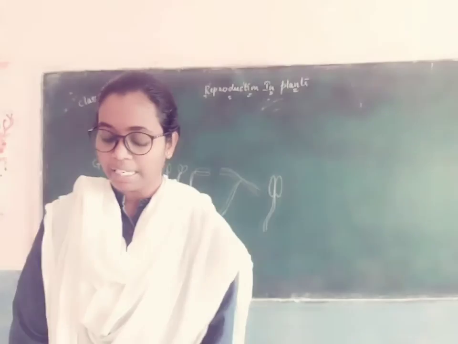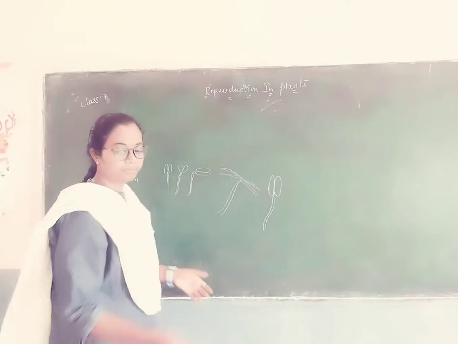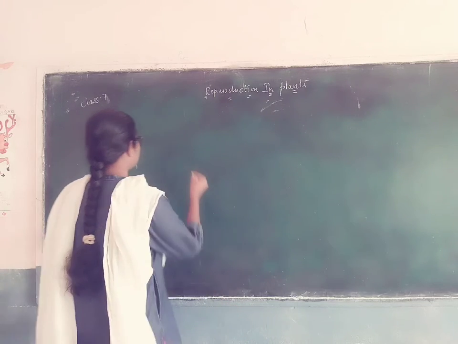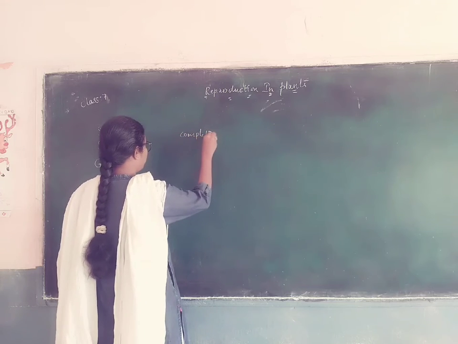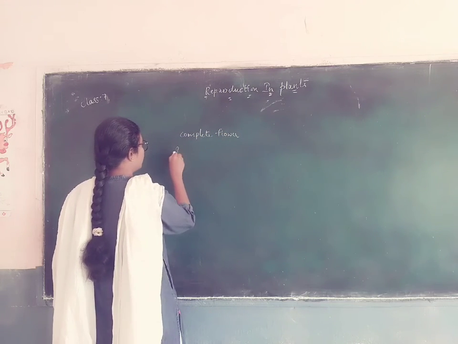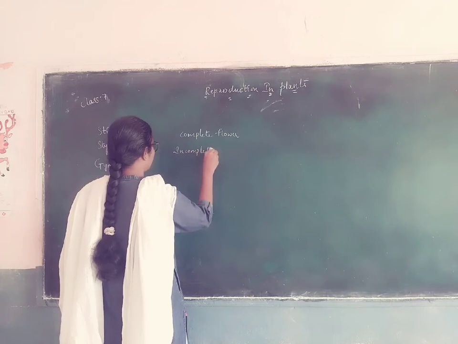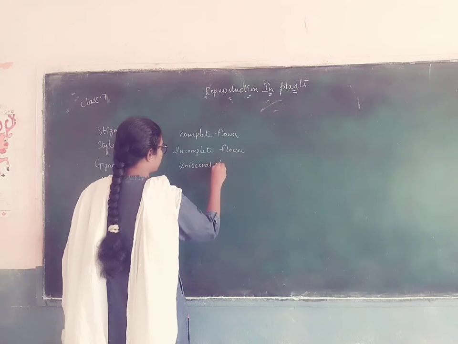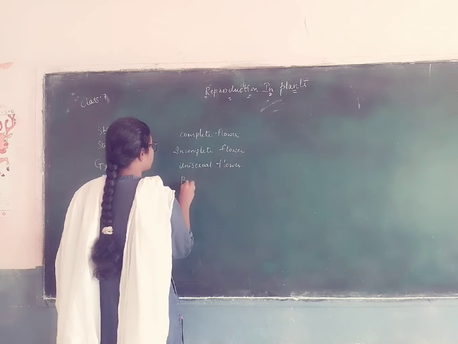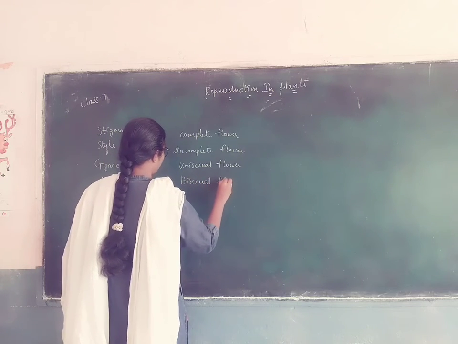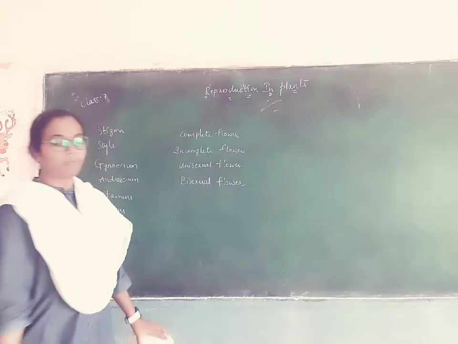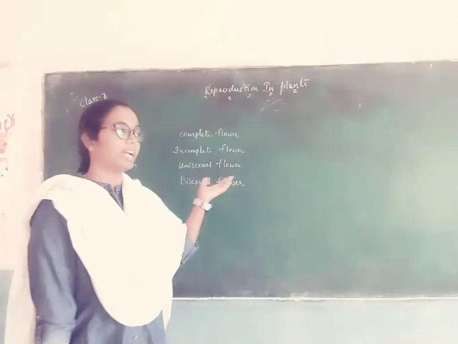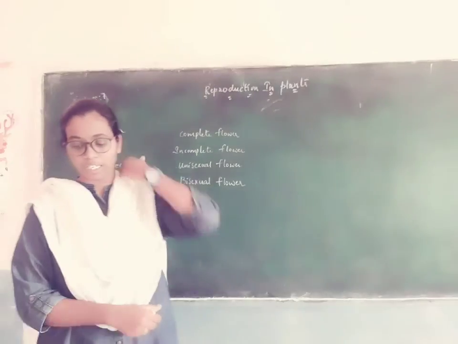So based on the classification, flowers are of 4 types: complete flower, incomplete flower, unisexual flower and bisexual flower.